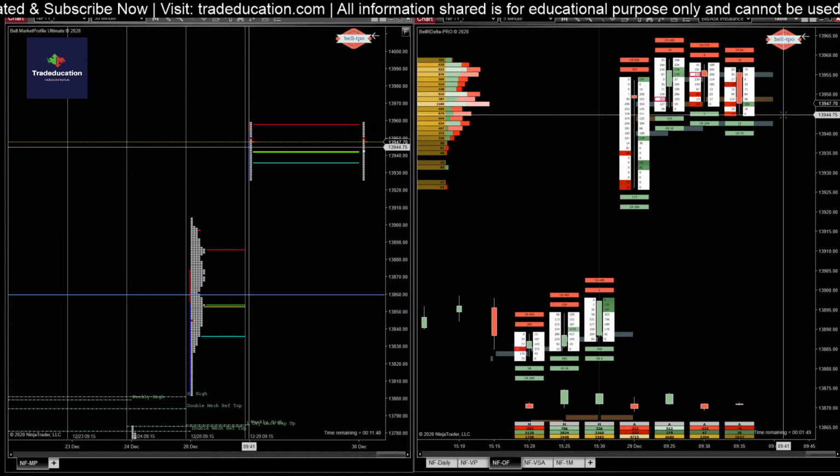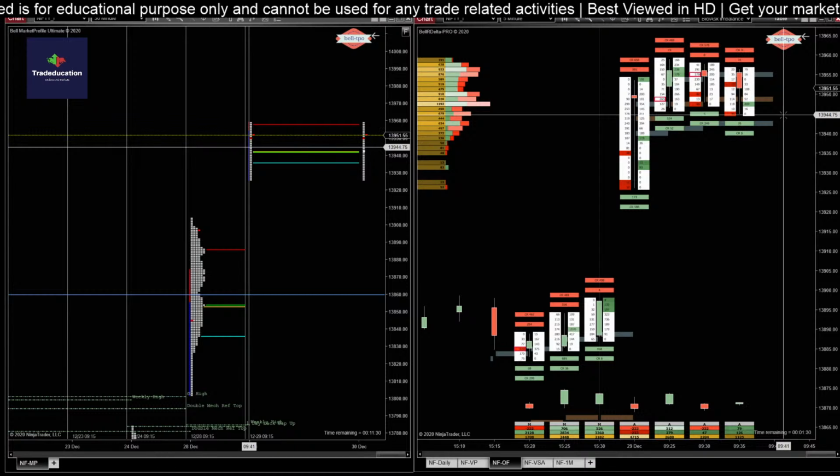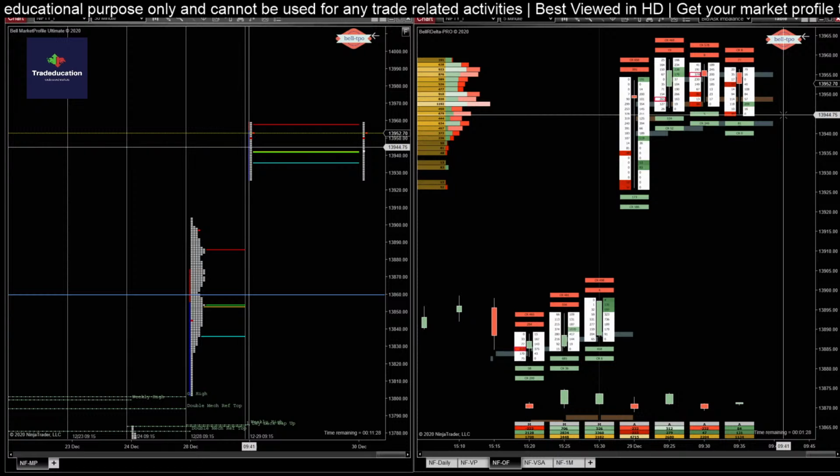Not massive selling or momentum selling, not strong selling is happening. The absorption of supply is still going on. Buyers are stepping in.